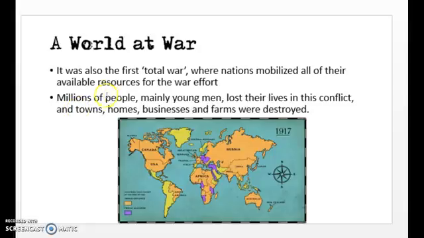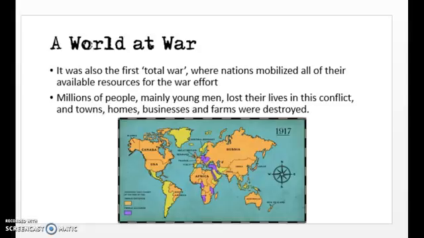And of course, that means millions of people, mainly young men who are soldiers at the time, are killed and lose their lives. But there are people working at home because men are off fighting the war. Who is going to go to work every day? A lot of women feel the impact of World War I because they're forced to work.